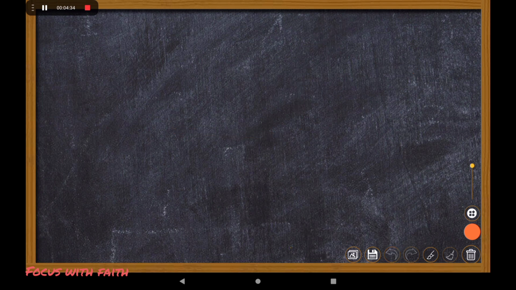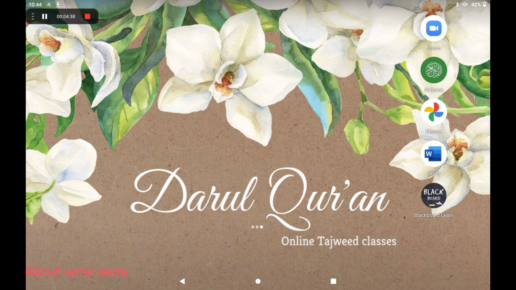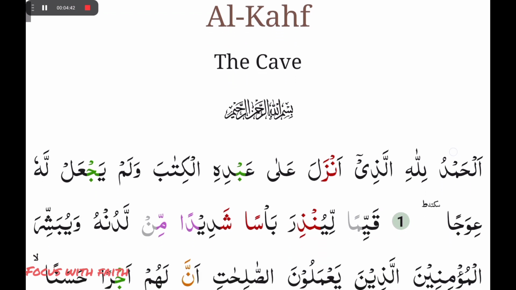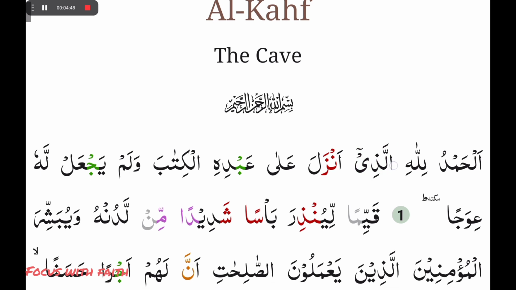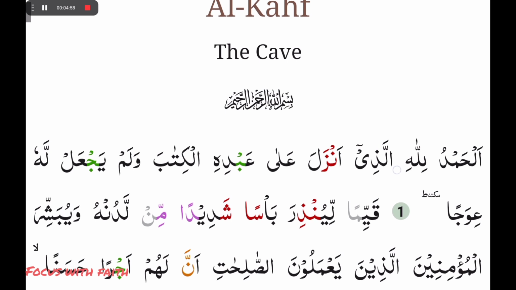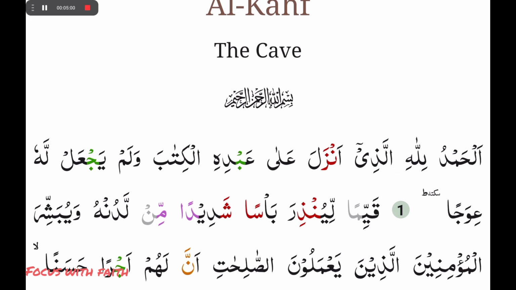Okay, what does it do? If you're reading continuously, then you don't consider it at all. You will be reading and you'll be going. For example, first of all, let us find where is hamzatul wasl. Can you see alladhi, right? Lillahi alladhi. Now there is one alif there that has not got any kind of sign and it is at the beginning of the word. Now that is hamzatul wasl.